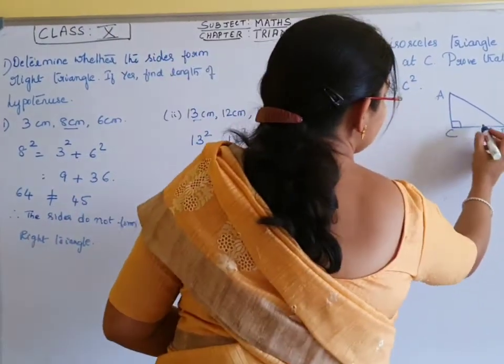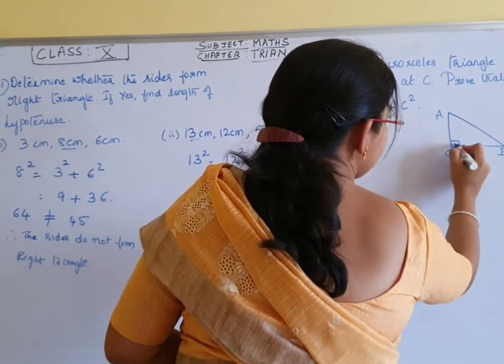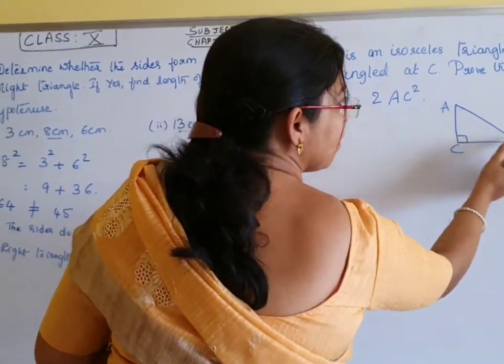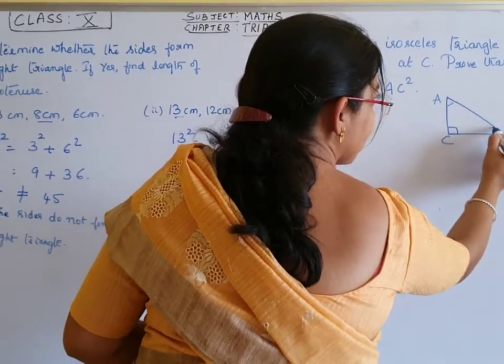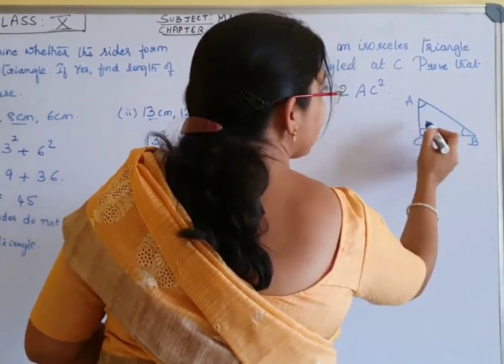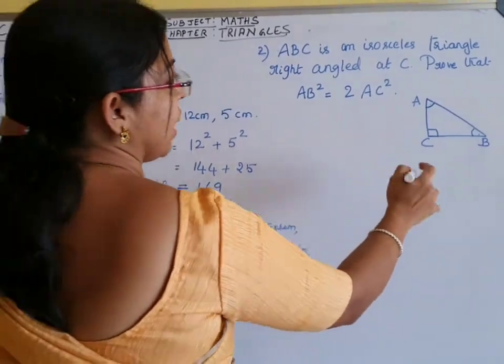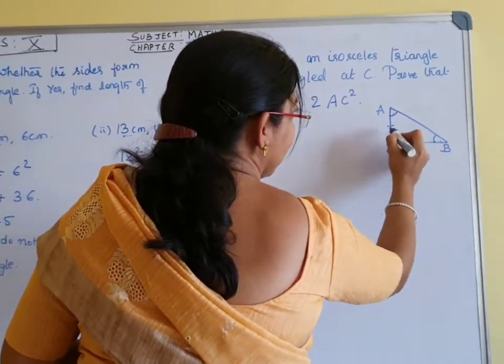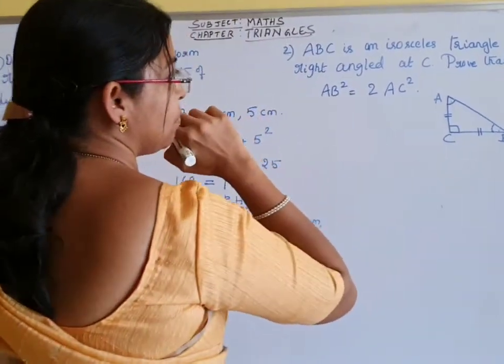This is isosceles. Therefore, if this is 90, the other two angles must be 45 and 45. It should be equal because it is an isosceles right angled triangle. When the base angles are equal, the sides are equal, that is AC and BC.